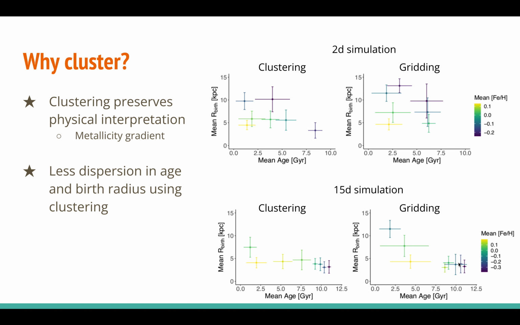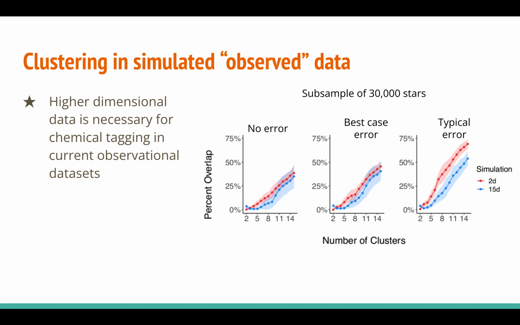Now, right now, we've just been talking about simulations and therefore perfect data, and observational data is anything but perfect. So, in order to investigate the effect of observational sample size and error, I recreate observational data of these simulations, where I subsample 30,000 stars and add either no error, the best case error, or a typical error for a survey.